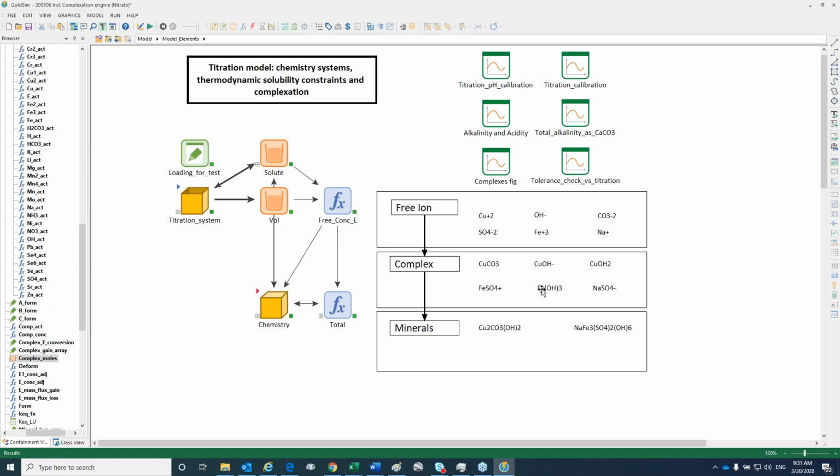Now, what I want to point out is FeOH3 here is one of the precursors for jarosite, and if we take out 2 of these, then that knocks out a really big number of these, and then what we're left with is FeSO4 and NaSO4.